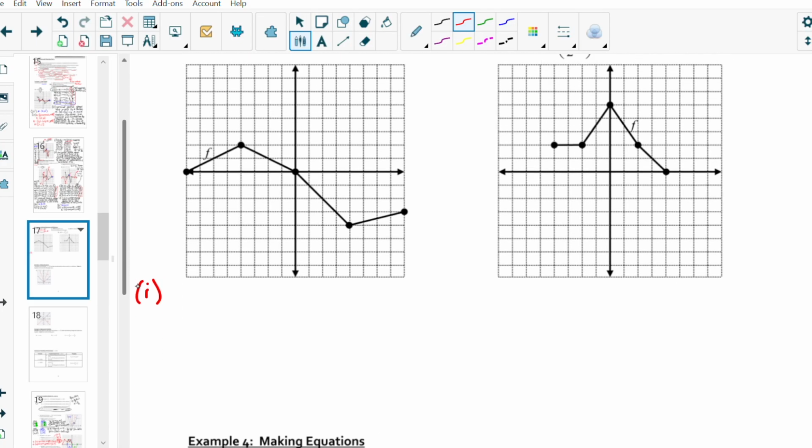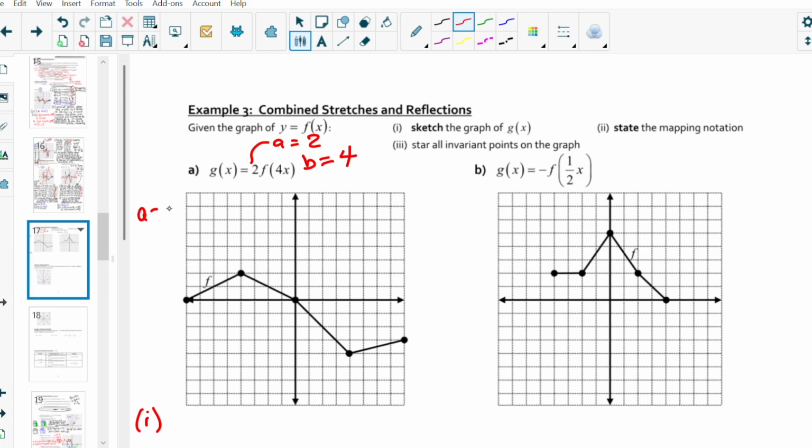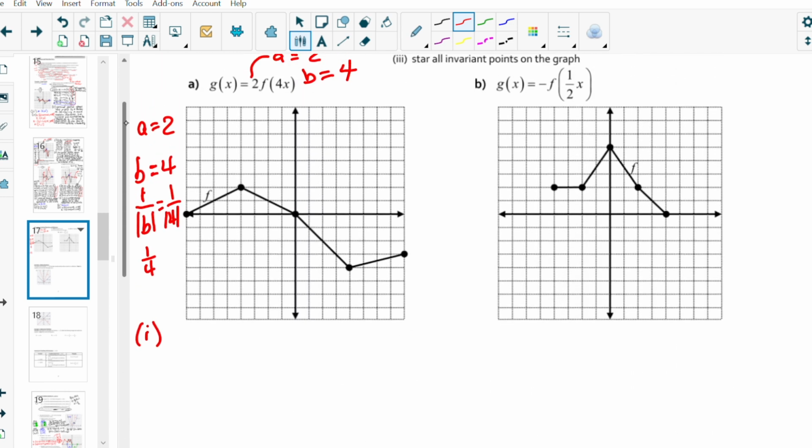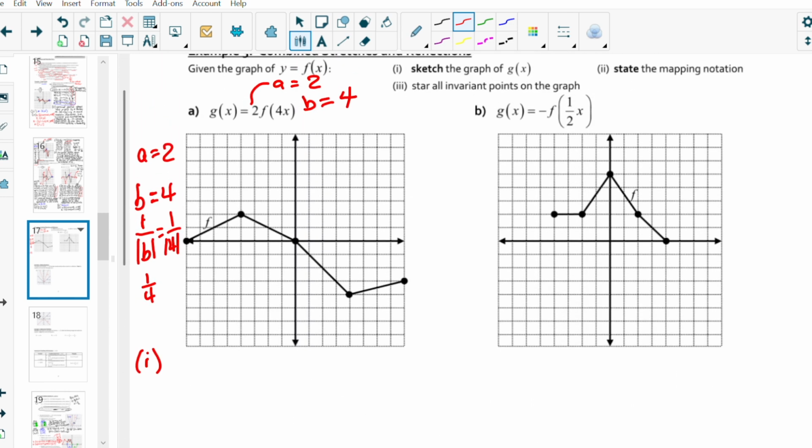So when A equals 2, I'm going to multiply all my Y values by 2. When B equals 4, remember B value is different than the factor. I have to do this to get the factor. Absolute value 1 over absolute value B. So that's 1 over the absolute value of 4. And that is 1/4. So I multiply all x values by 1/4. So multiply y values by 2, x values by 1/4.